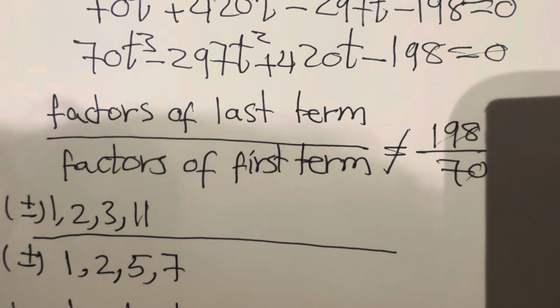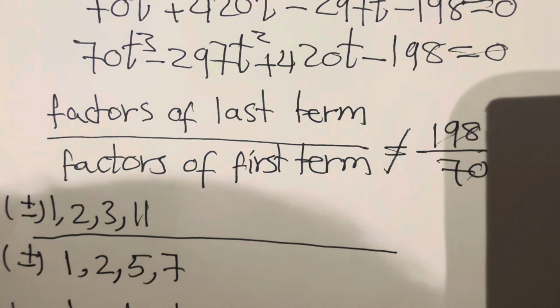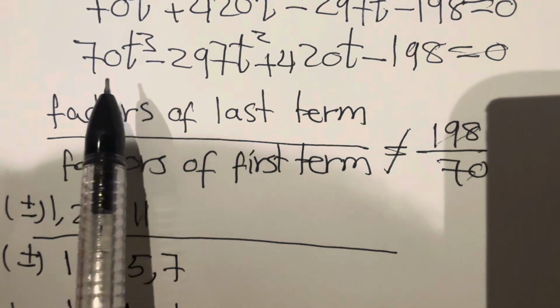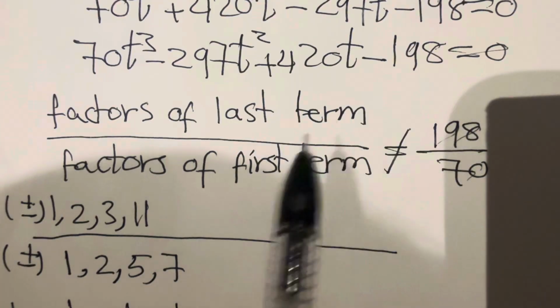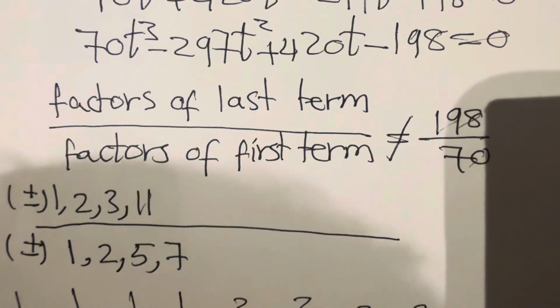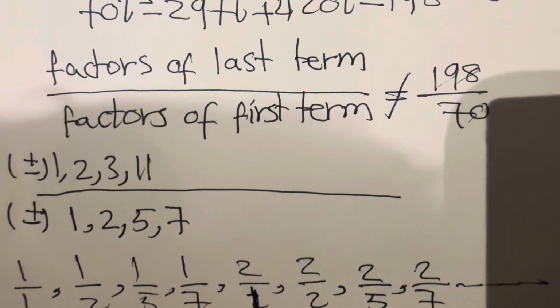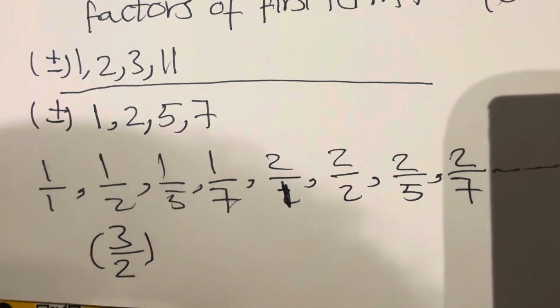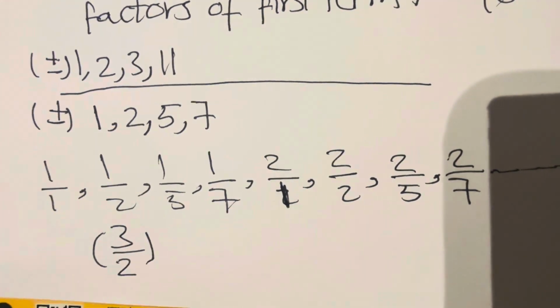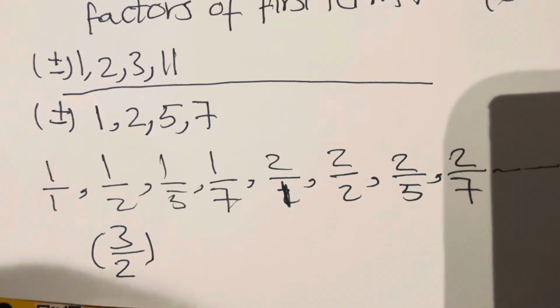So if we put each one of those 16 fractions, rational roots, into the equation, whichever one makes the equation equal 0 is one of the roots. In this case, 3 over 2 makes the equation equal 0.